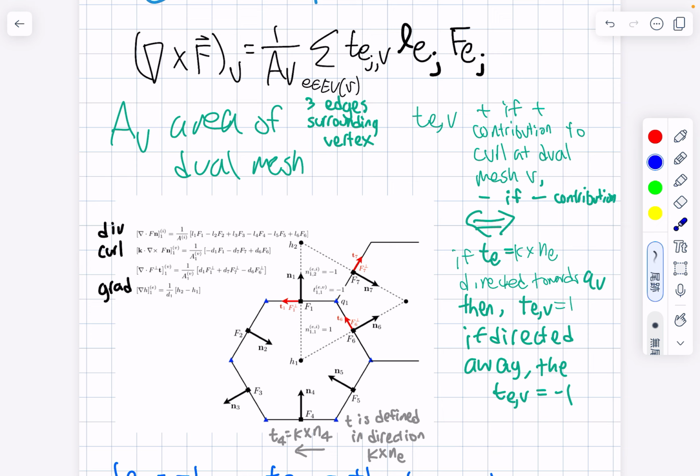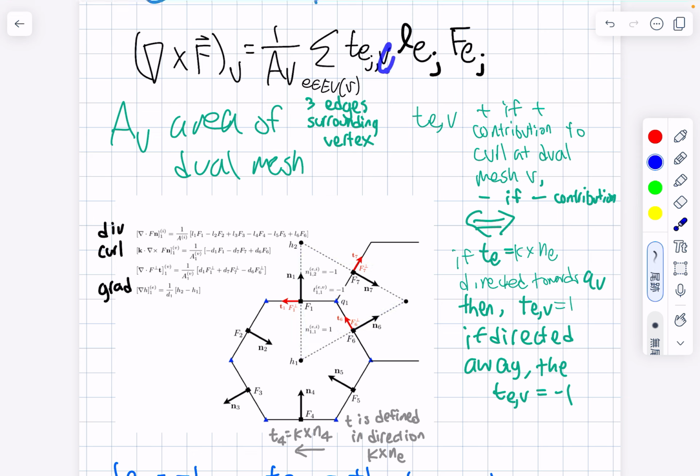Let's say we're talking about Q1, so V is equal to Q1. This right here is Q1. When we say A of Q1, we need the area of this dual mesh, the dual mesh which surrounds the vertex Q1.